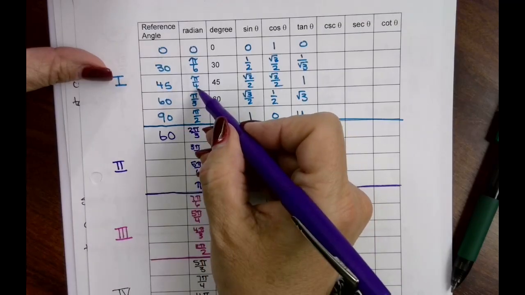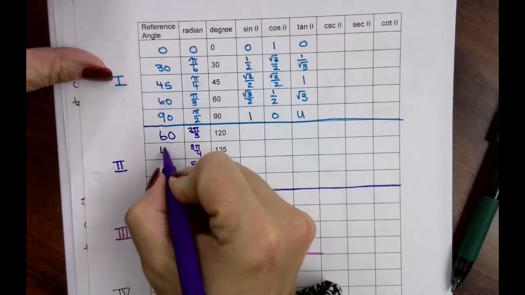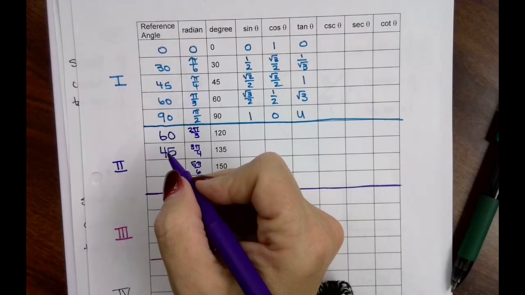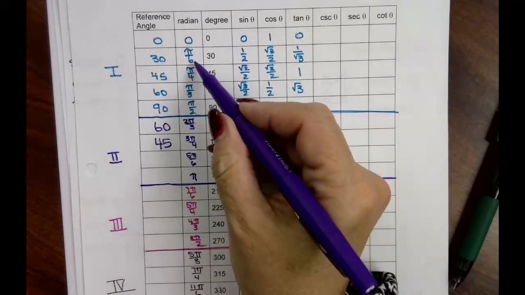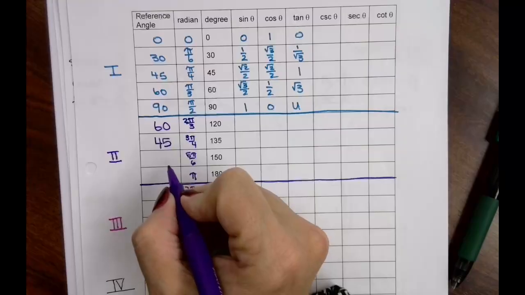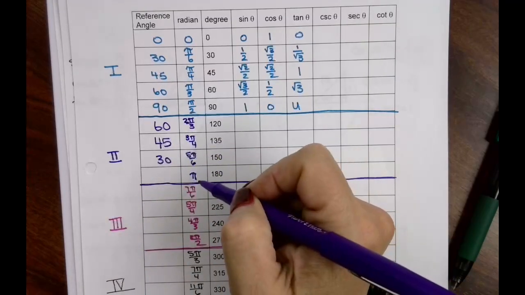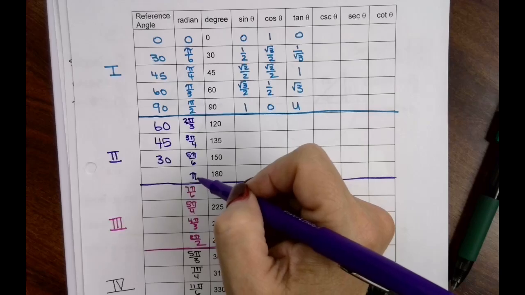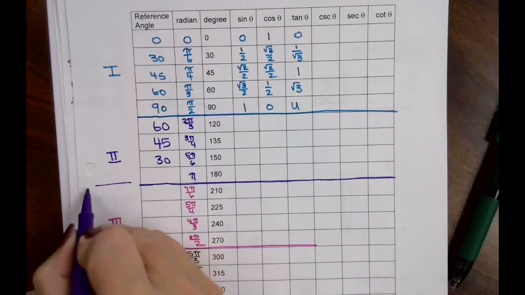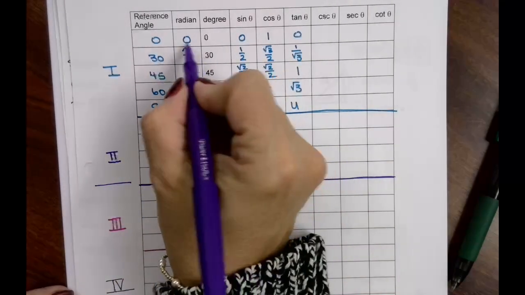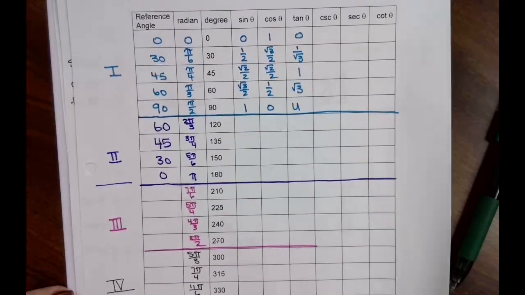If I have a denominator of 4, my reference angle is going to be 45. If I have a denominator of 6, my reference angle is going to be 30. And if I have this angle of pi, remember this angle of pi is my x-axis, so the x-axis here, radian of 0, is going to be 0.